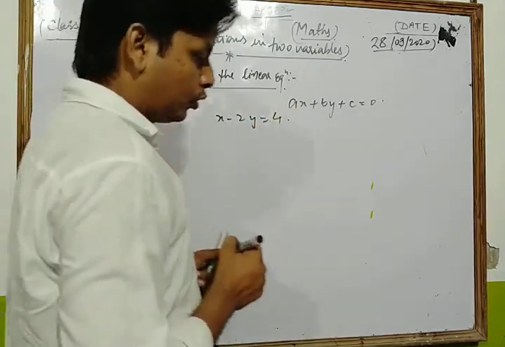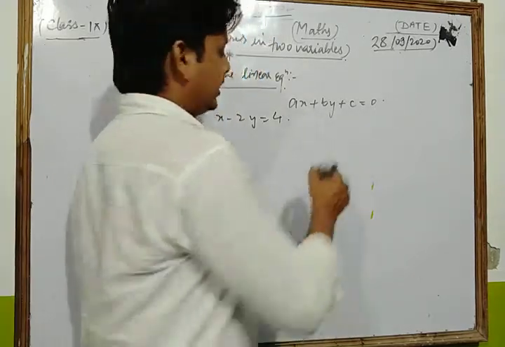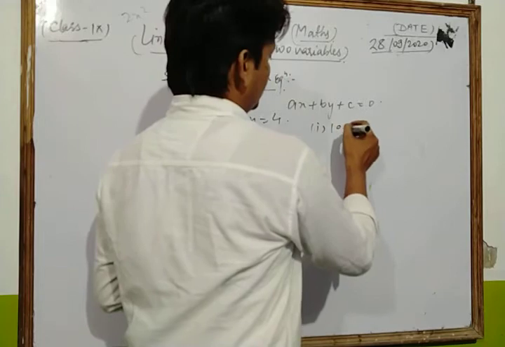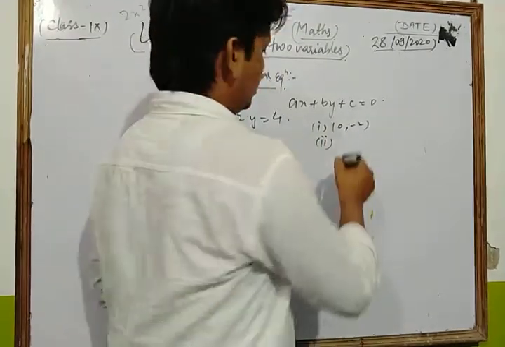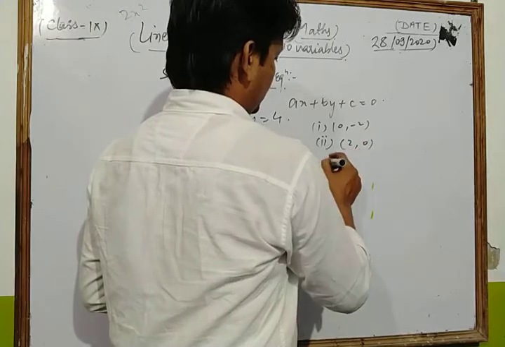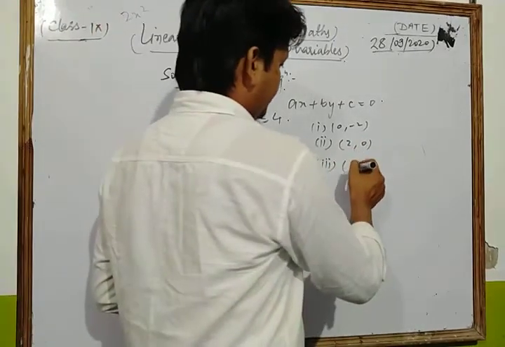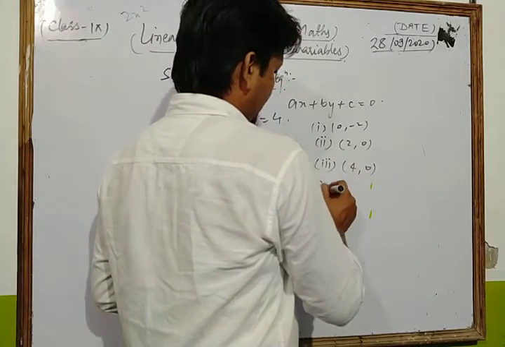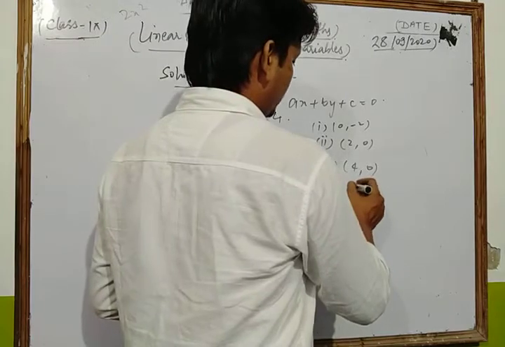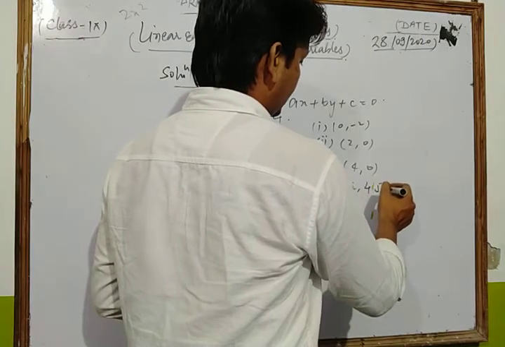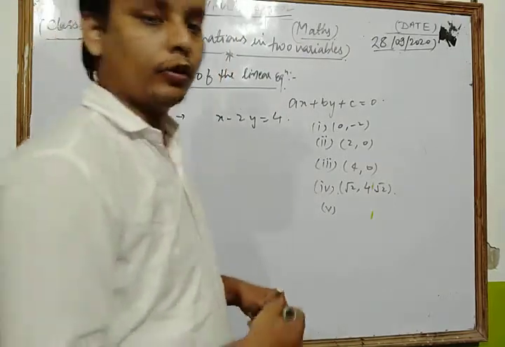There are five options here: the first is 0, minus 2; the second is 2, 0; the third is 4, 0; the fourth is root 2, 4 root 2; and the fifth is 1, 1.